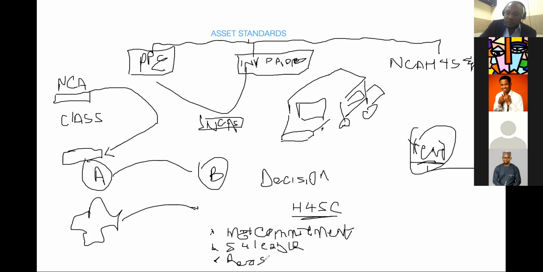That's when they say lower of carrying amount and fair value, and it would have to be the fair value because the asset is being sold. We'll talk about impairment very shortly.